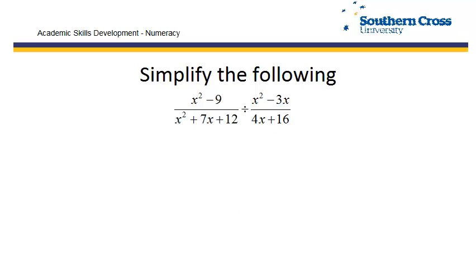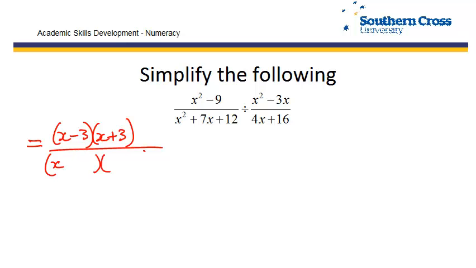Okay, so this one is different because we've now gone to divide, so we don't need to worry about things like common denominators, but we've got lots of trinomials and things that factorise here, so I'd suggest that that's where we start. So x squared minus 9 is the difference of squares, so that's x minus 3 x plus 3 over.